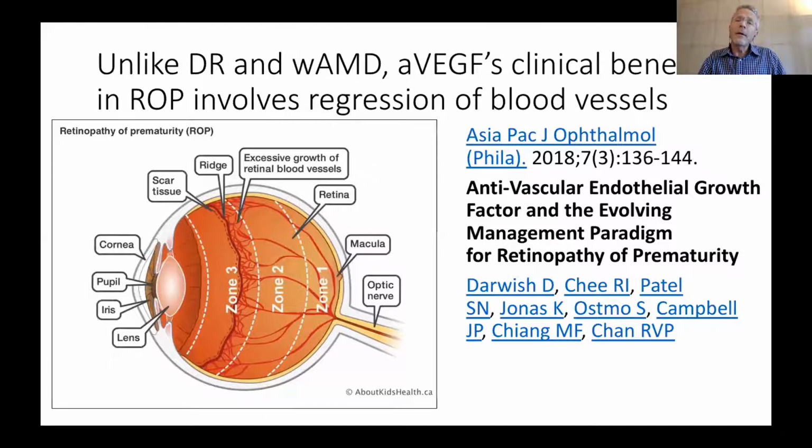So in the eye, anti-VEGF is good to stop leakage, and in the eye with different diseases it can even be used to induce regression of vessels, and in still other pathological scenarios, VEGF, not anti-VEGF, can be used to promote the growth of blood vessels. So the anti-VEGF, even therapeutic VEGF field is broader and different in different organs of the body.